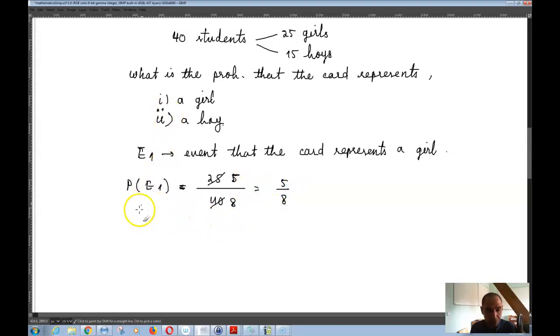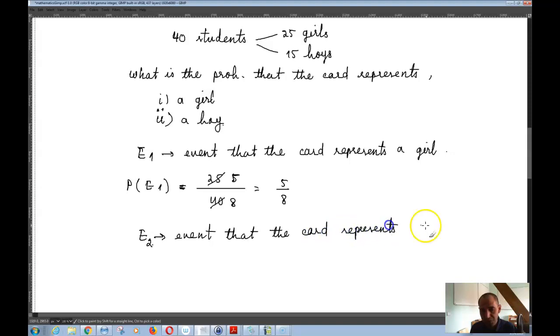Now for part 2 of this question, I'm going to again define an event E2, and I'm going to call it the event that the card represents a boy.